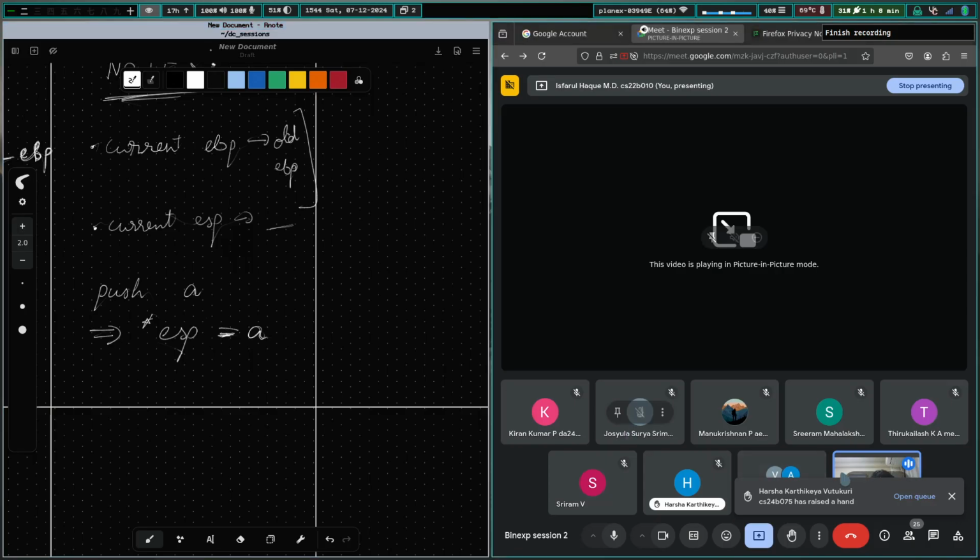They both happen simultaneously. Just go ahead, Karthik. Yeah, so when you do push A, basically you get A's address in the stack, right? So shouldn't it be A's value? Okay, it depends on what you're pushing.